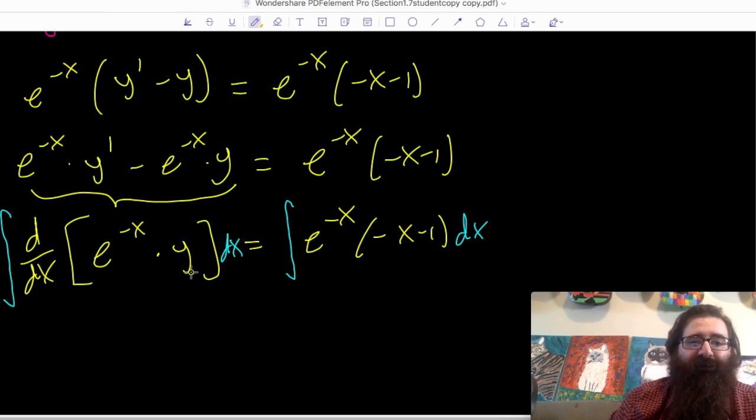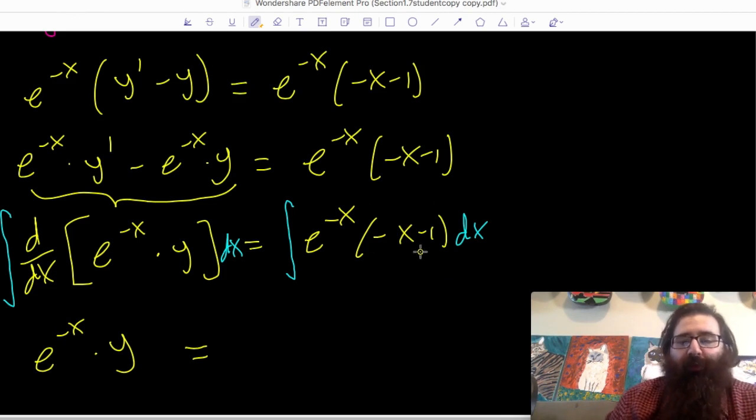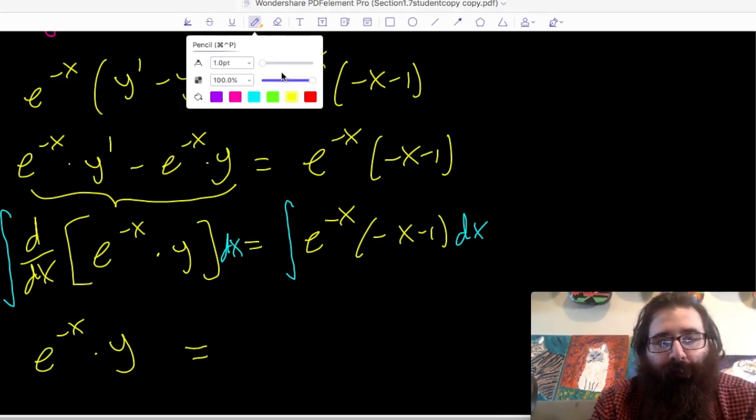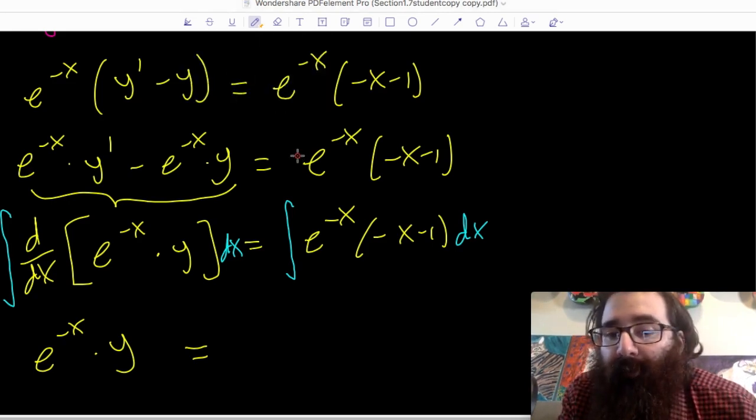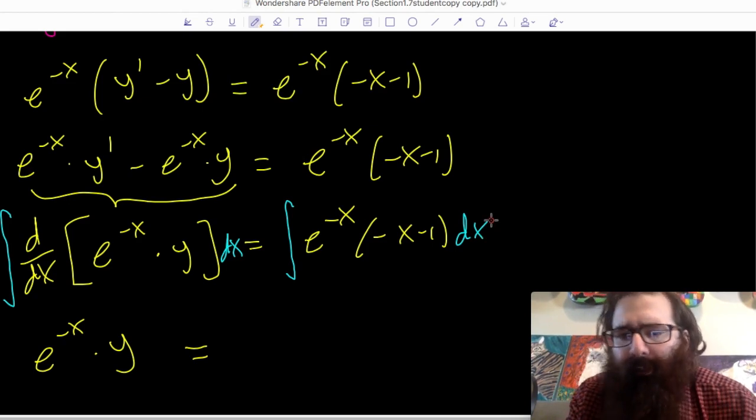So this should just leave me with e to the power of minus x times y equals, but I do have to do the integration over on the right. I'm very happy to say that the integration on the right-hand side is going to require integration by parts.